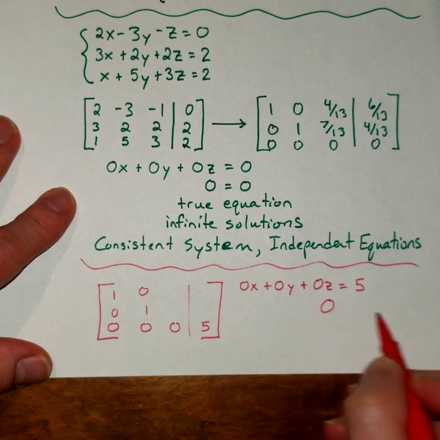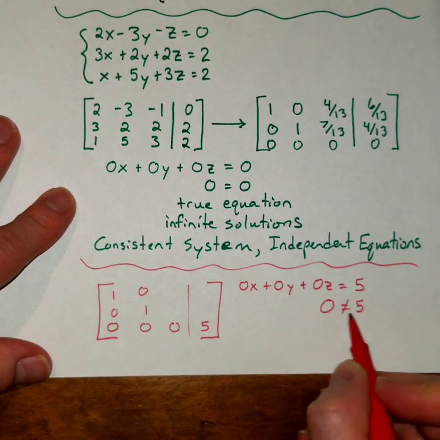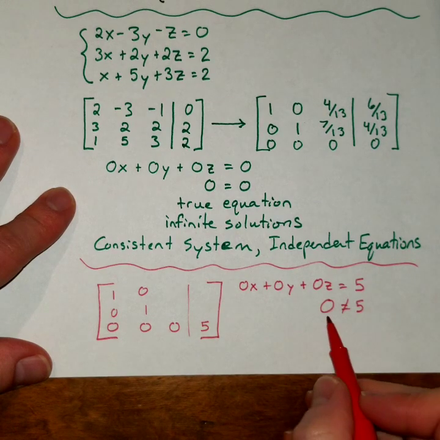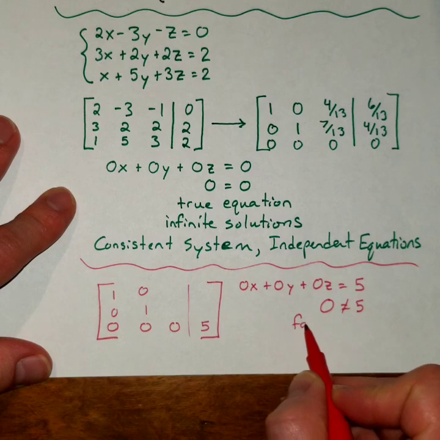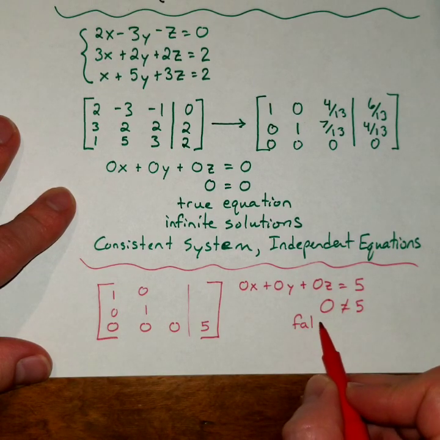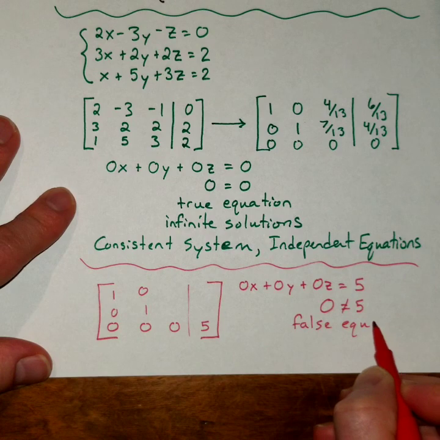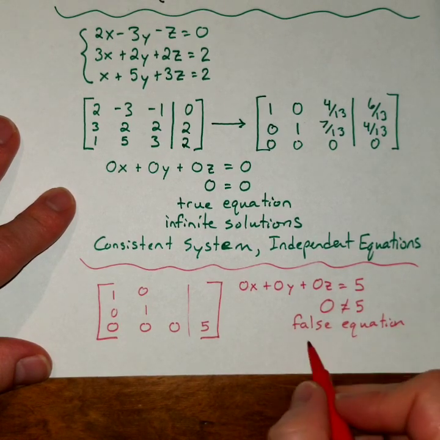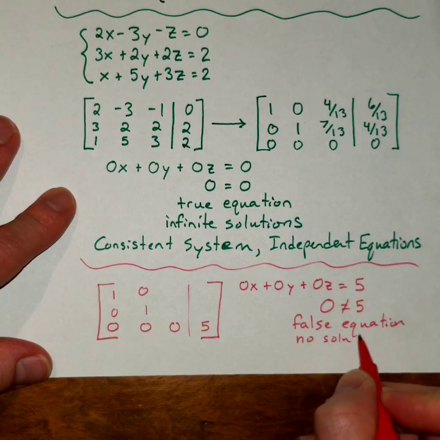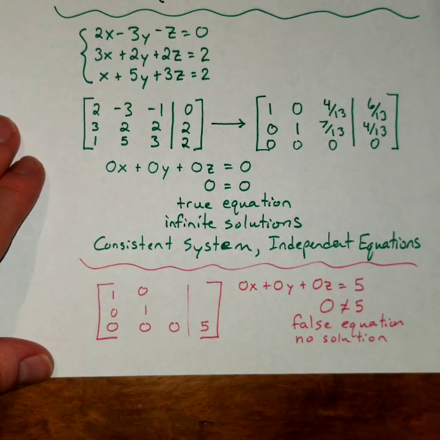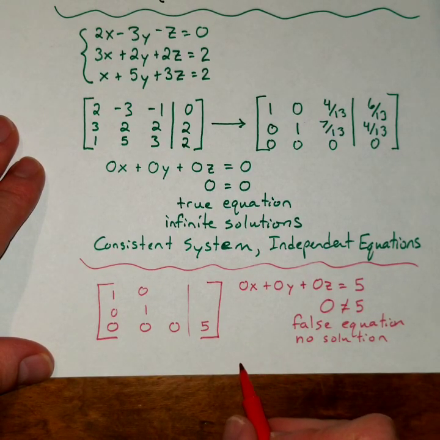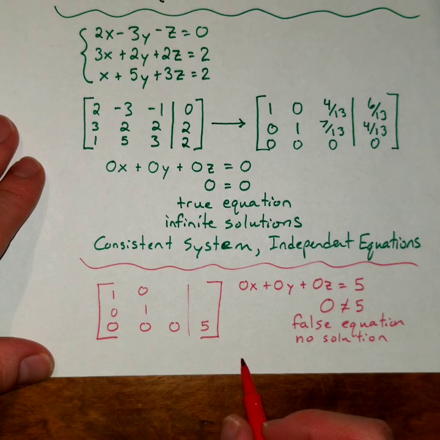The left side all zeros out. And what you end up with is a false equation. 2 numbers that are not the same with no variables left. In a false equation, we talked about this last time, you have no solution. So that's where these 3 planes do not intersect at a single point. Those would be inconsistent systems.